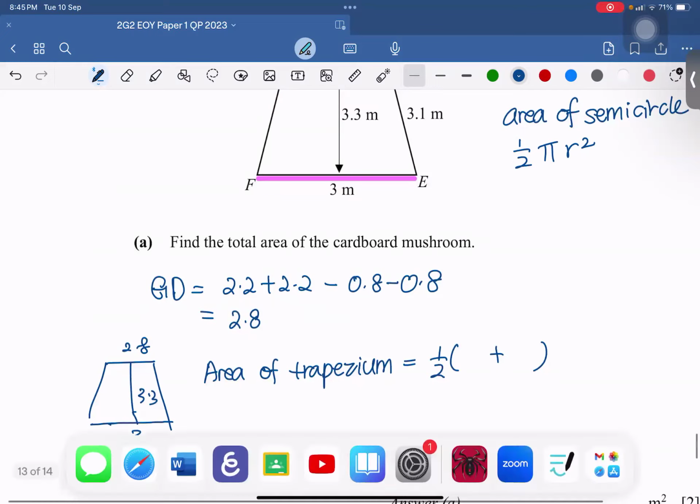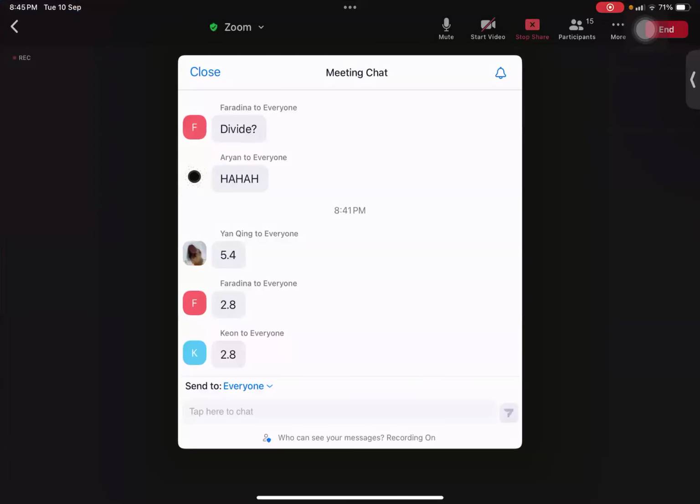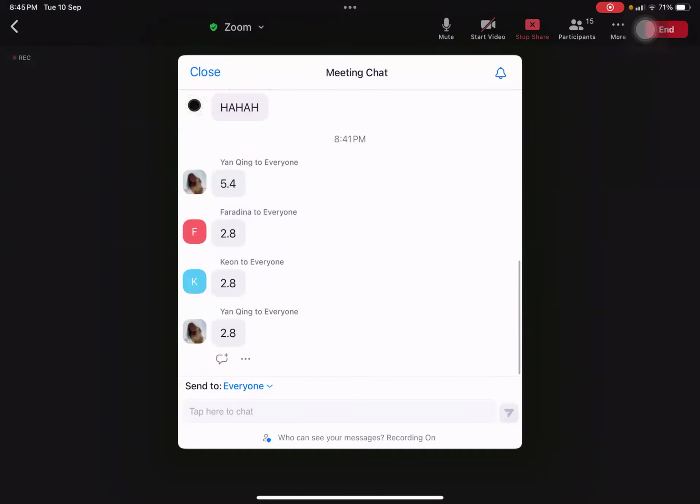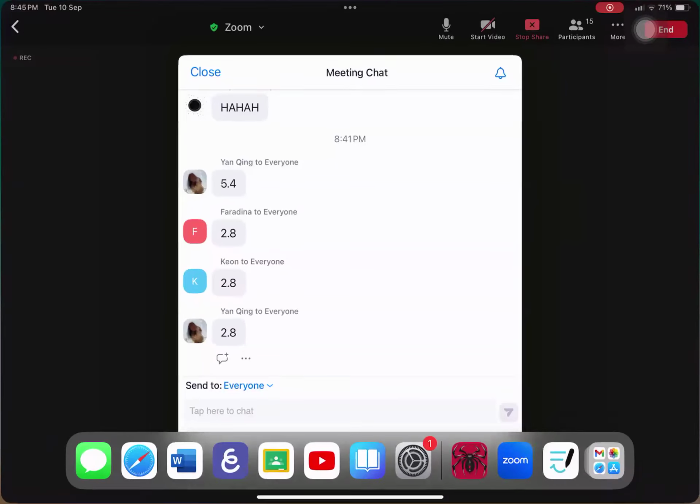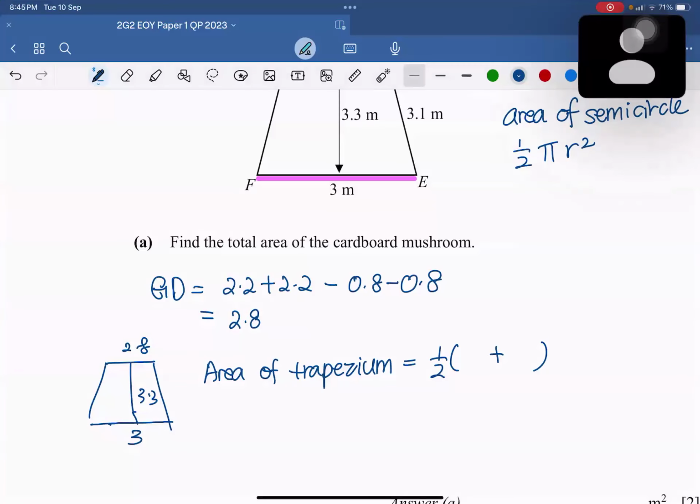Maybe this time around I should look at the chat. What have they typed? Which two numbers add together? 2.8 and 3. 2.8 plus 3. Then Derek, what is the height of the trapezium? 3.3. So times 3.3.